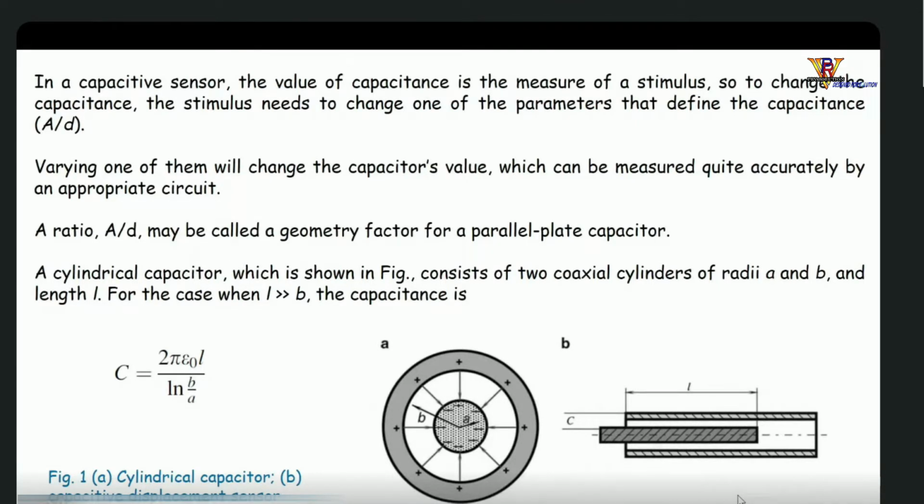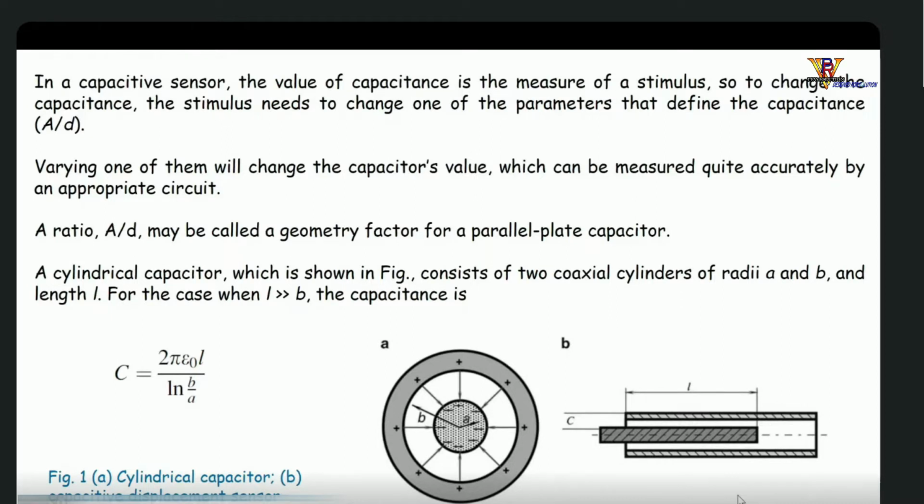The ratio A to D may be called the geometry factor for a parallel plate capacitor. Now we have different types of capacitor. I hope when you studied the capacitor during your BTech first or second semester, you saw different types of capacitor in the lab: parallel plate capacitor, electrolytic capacitor, cylindrical capacitor, paper capacitor, etc. This capacitance, as I mentioned, C equals epsilon A by D, is for a parallel plate capacitor.